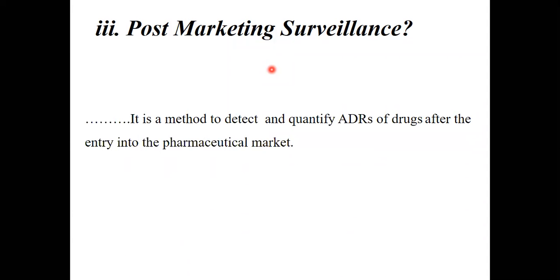Then you have to quantify also after detecting how many errors are identified, especially for a new drug, after it has been launched into the pharmaceutical market. So, the first assignment is to detect or identify, then to quantify the errors. Right?